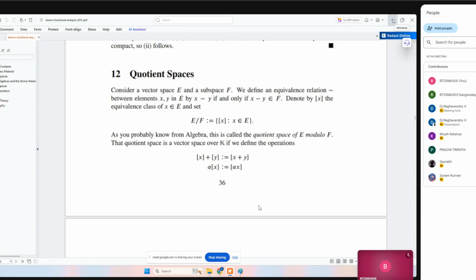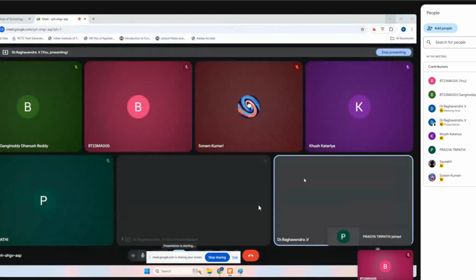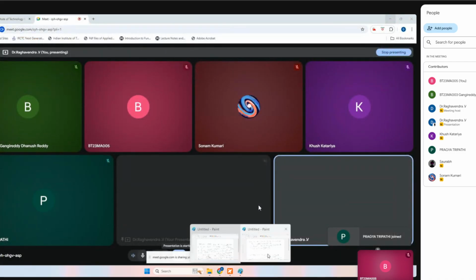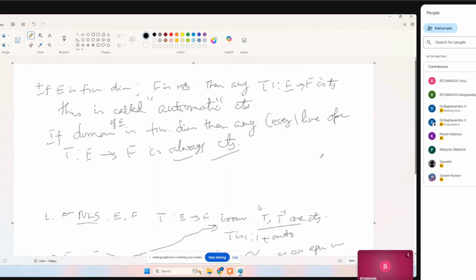E and F. Okay, I have some space here. Why is it an equivalence relation? You have E to be a normed linear space, F to be some subspace.